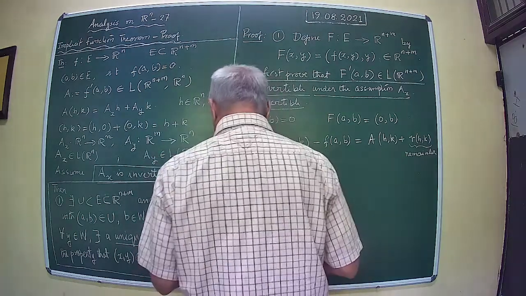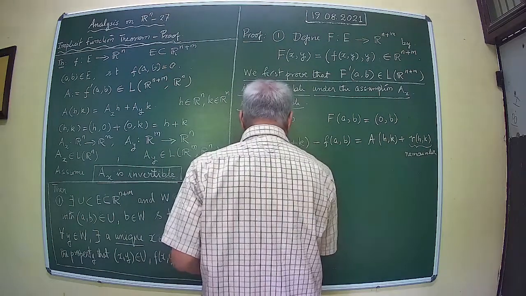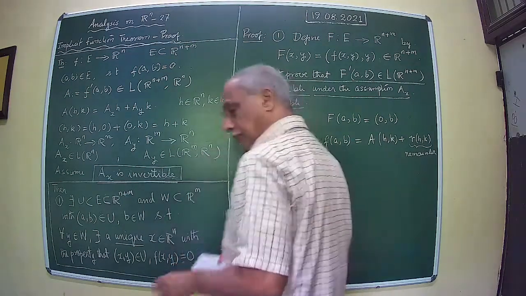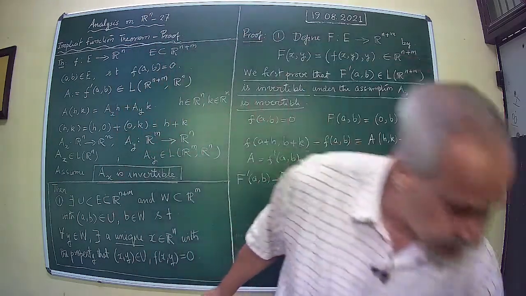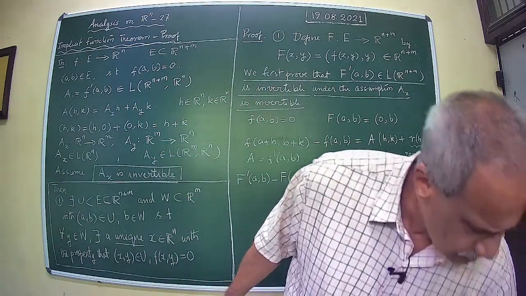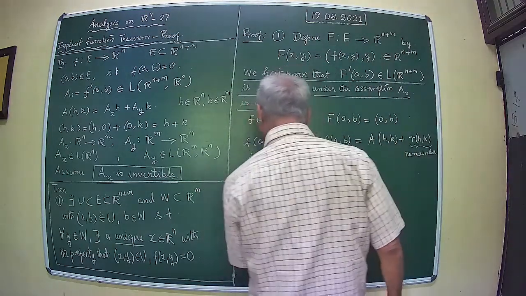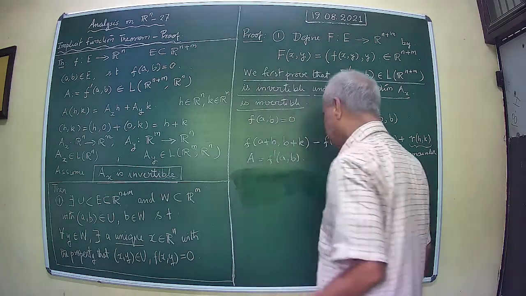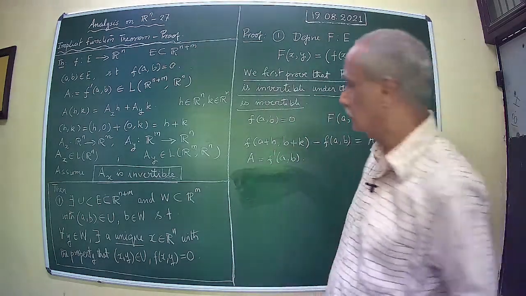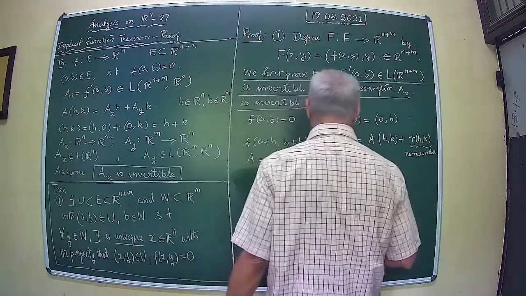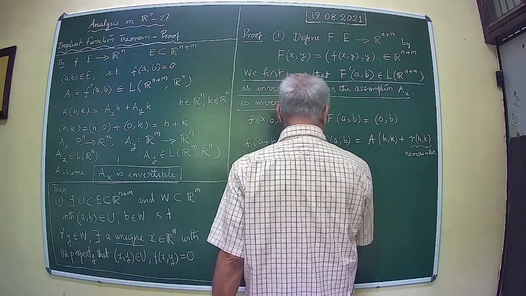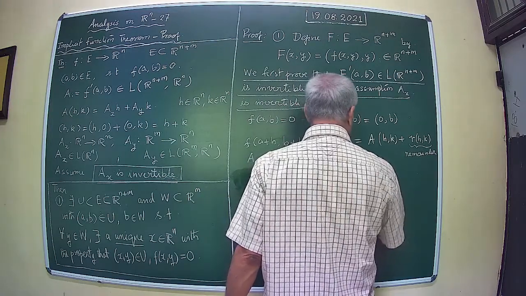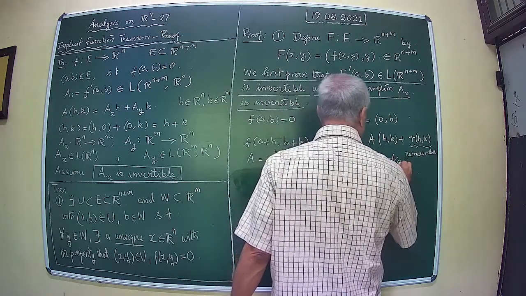Now this is equal to, so what do we do? We look at this f of A plus H, B plus K minus f of AB.